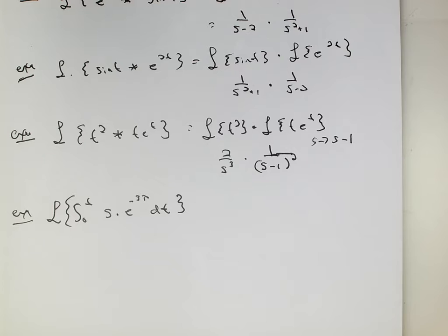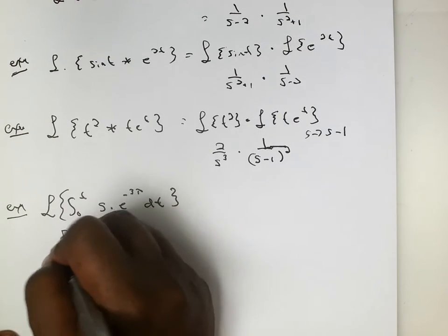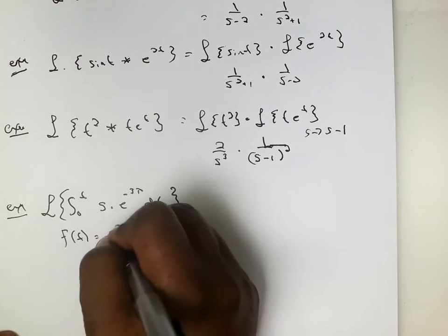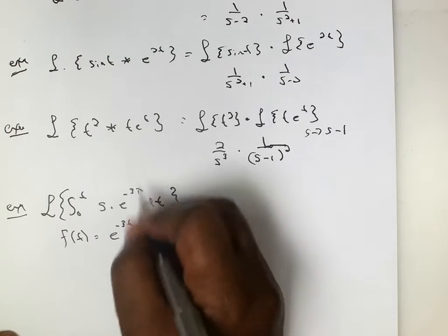Our next example, I have the Laplace transform of the integral from 0 to t of s times e to the negative 3 tau d tau. So if I think about it, f of t is just going to be e to the negative 3t, because I'm using that convolution and going backwards.